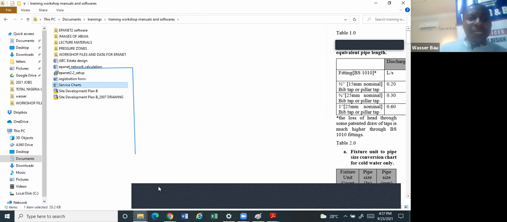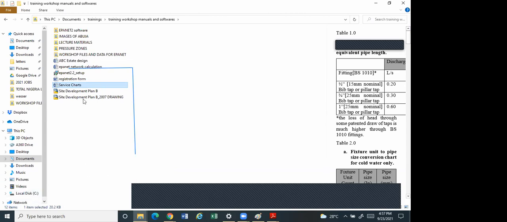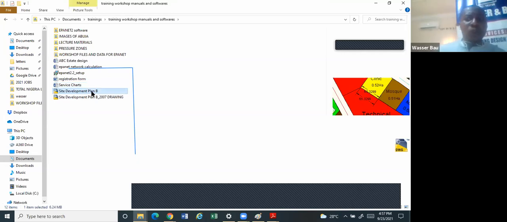Okay. Then the next thing I included is some AutoCAD drawings, because in most cases, what you have to do as a consultant is that these drawings will be given to you in AutoCAD format. And once this drawing is given to you in AutoCAD format, it means you need to have a way of converting them into a picture format, because most of these open source softwares don't recognize DWG.